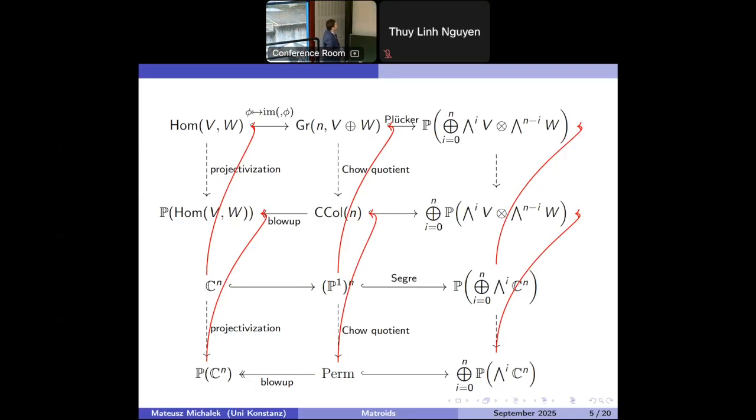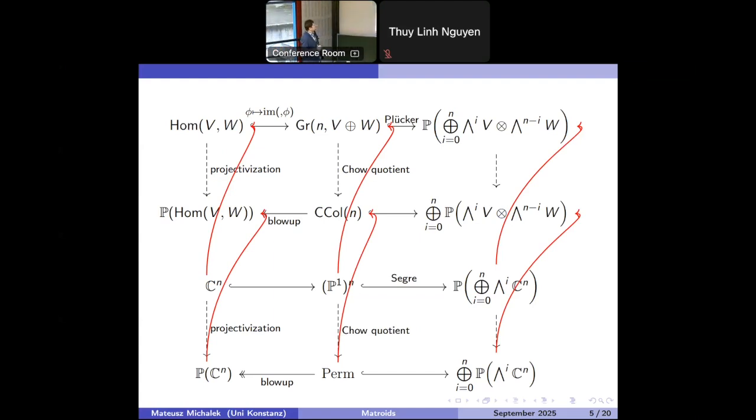Matej also defined for you that for any linear space inside this space of n by n matrices, you can close it in the Grassmannian, and then you obtain what we call the generalized Schubert variety.